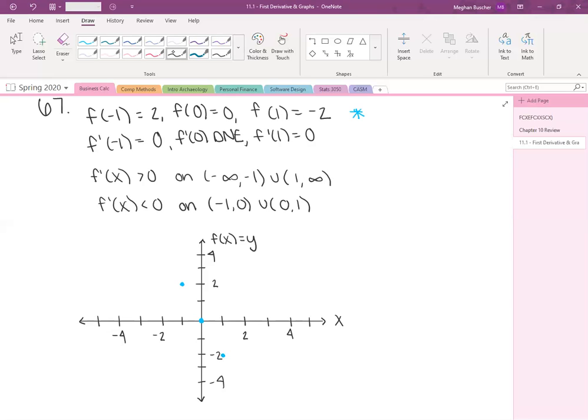Now what does this information tell us? Anyone have a guess? It tells us about the line.